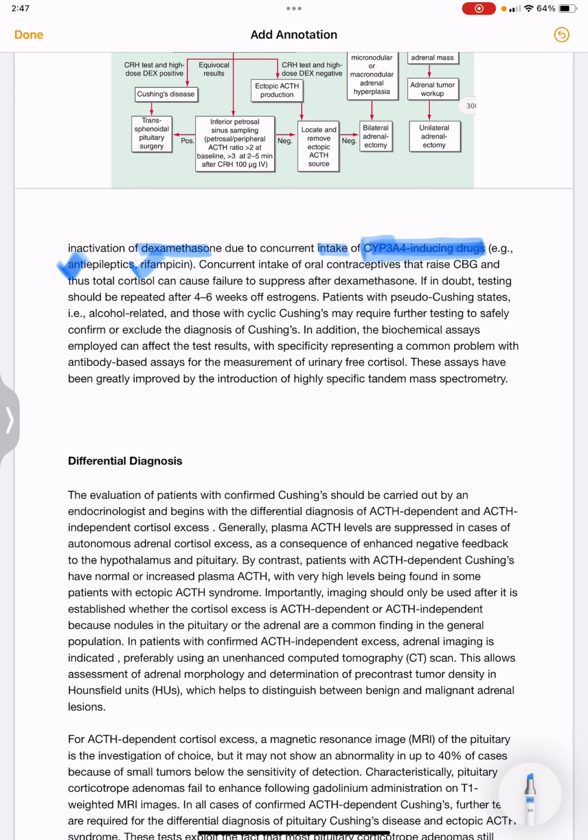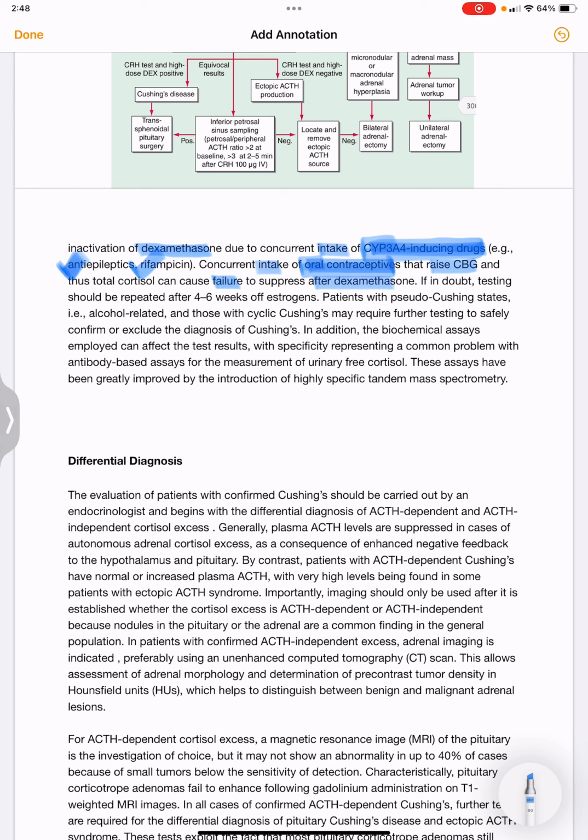And concurrent intake of oral contraceptives. These oral contraceptives raise the cortisol binding globulin, and thus total cortisol, which can cause failure to suppress after dexamethasone.